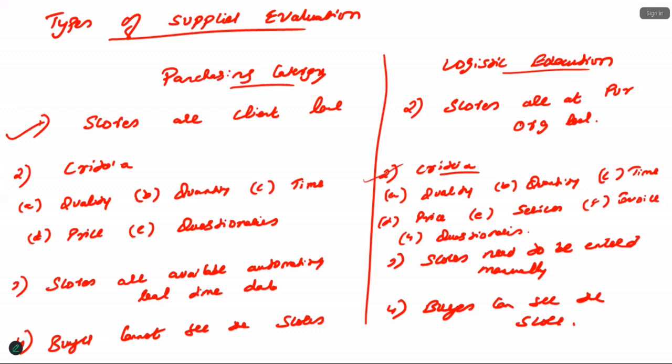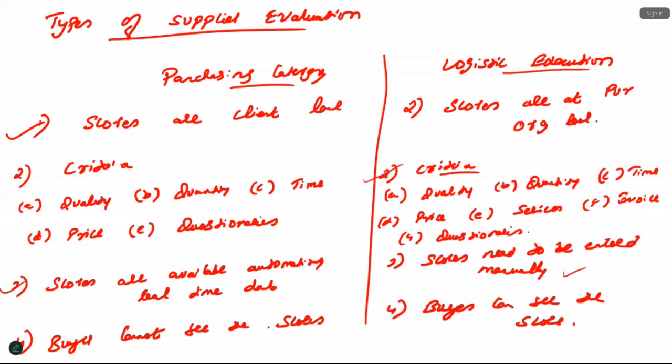Then the third point, scores are available automatically as per real-time data. Here the scores need to be entered manually. The person cannot go and enter the scores manually every time. So this is preferred. Here buyer cannot see the scores because buyers are the ones responsible for suppliers. Buyers are onboarding the suppliers. If they are able to see the score, then they can warn supplier saying that your performance is going low, now perform well.